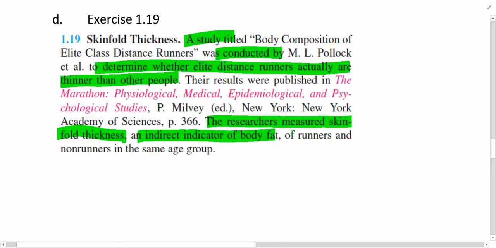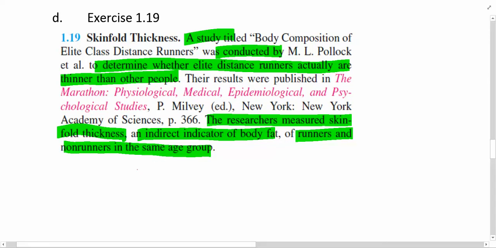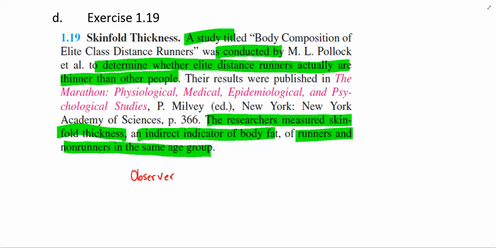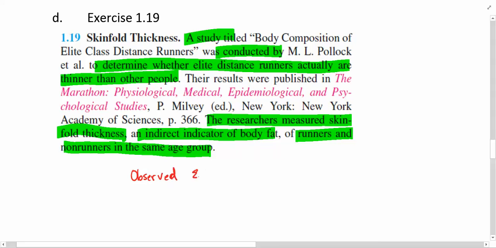And they did this for runners and non-runners in the same age group. So clearly in this example, they simply observed different groups of people and took measurements. They did nothing other than observing and taking measurements of these groups of people.